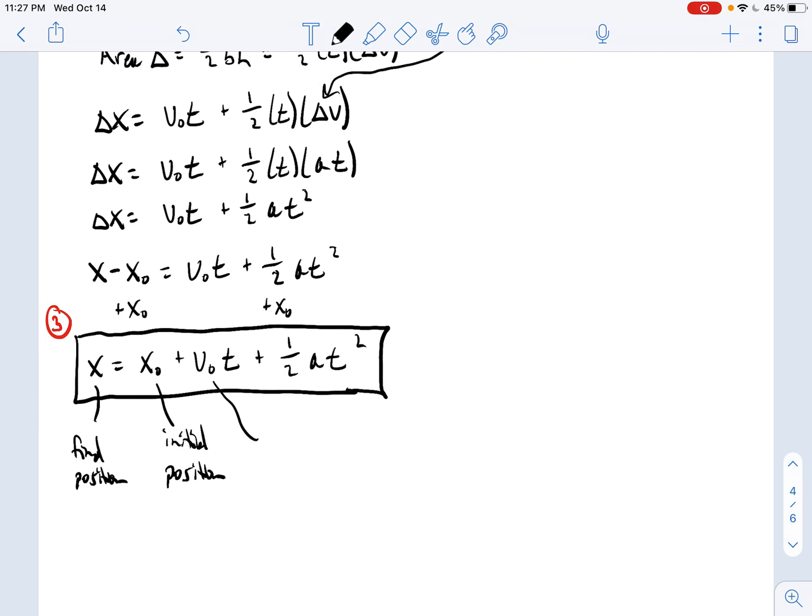Our v sub 0 is going to be our initial velocity. Our t here is going to be our time. Finally, a is going to be our acceleration.